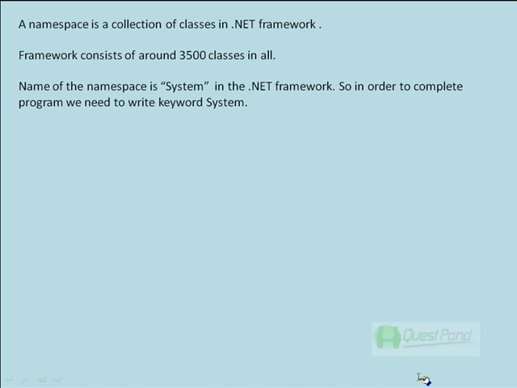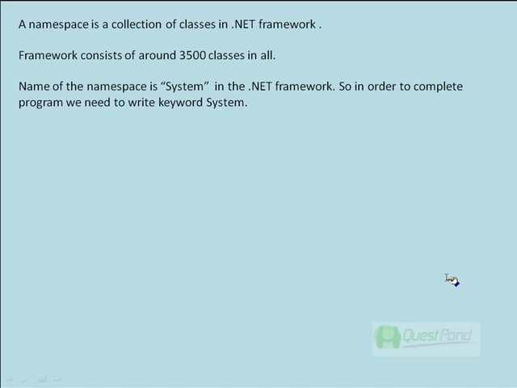The .NET framework consists of over 3500 inbuilt classes, and a namespace can be used while coding by just writing the keyword System. This keyword System is the namespace in the .NET framework.